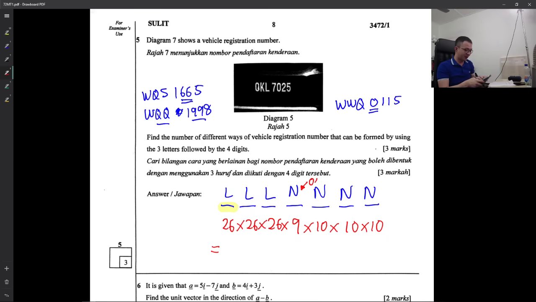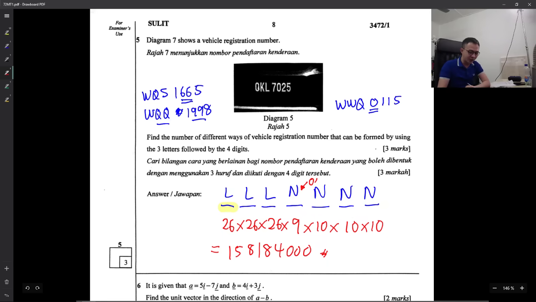So 26 to the power of 3, multiply 9, multiply 1000. So you will get 158184000. Okay, this is the answer I get, but of course I checked the marking scheme. They assume the first number can be 0 also, so they are not multiplying by 9 over here, they multiply by 10.